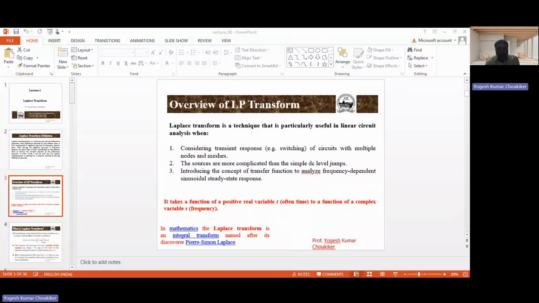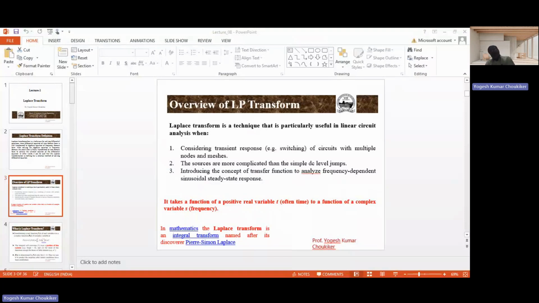We will get V naught in terms of A by s plus 1 plus B by s plus 2. This is called a partial fraction. Now we have to calculate the values of A and B. After doing the algebraic method, we get A is 10, B is 15. Now we put the values: 10 by s plus 1 plus 15 by s plus 2.